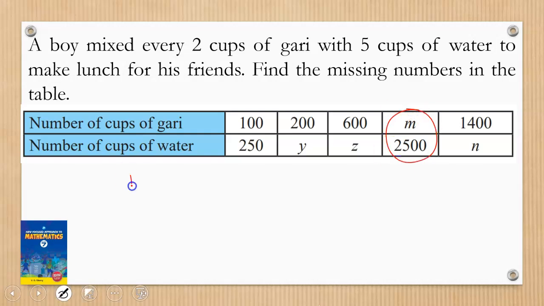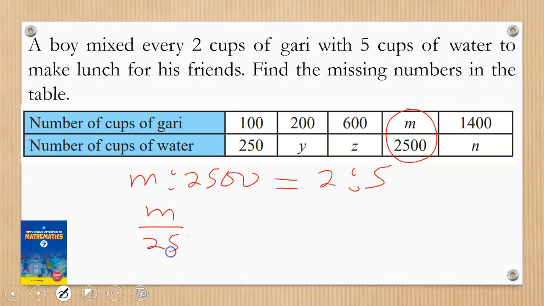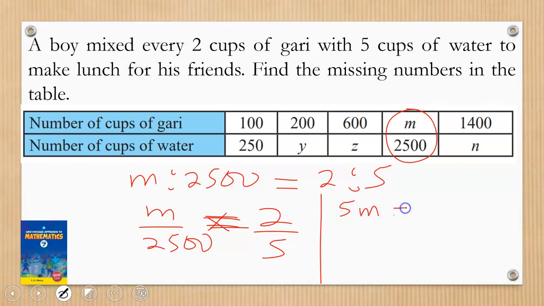Okay. So we can do the same thing for this one to find the value of m. This time around, it is m is to 2,500. And we are going to compare that to 2 is to 5 again. So we have m over 2,500, and we equate it to 2 divided by 5. Again, with cross multiplication, I have 5m is equal to 2,500 times 2.